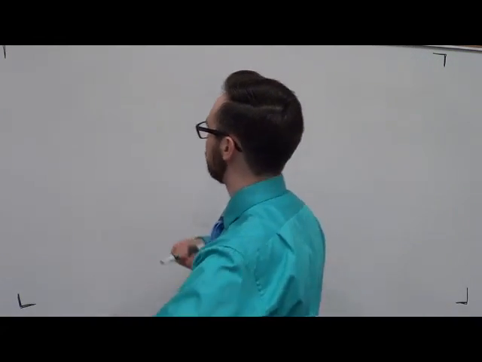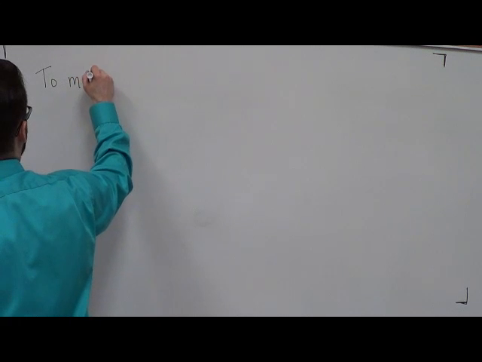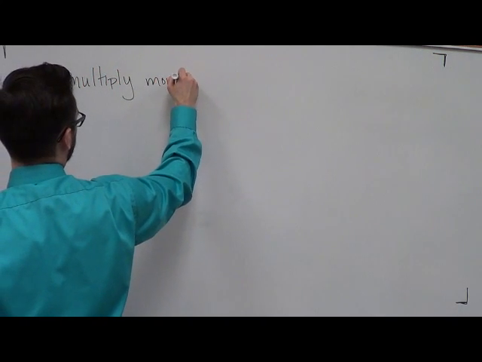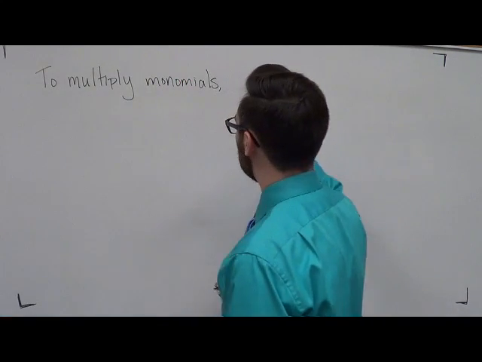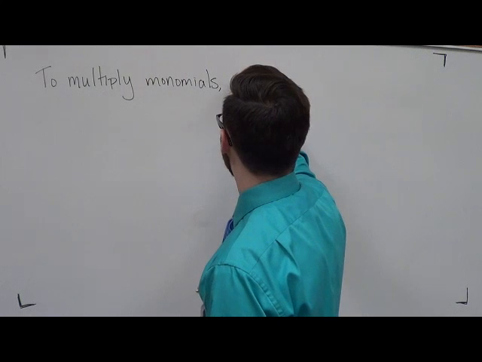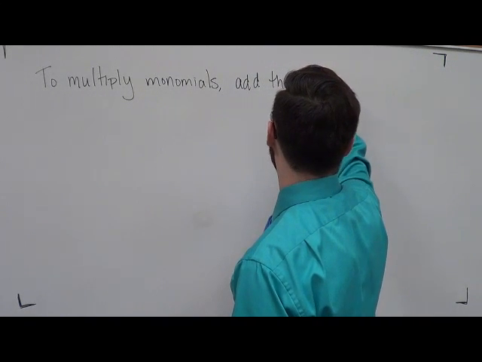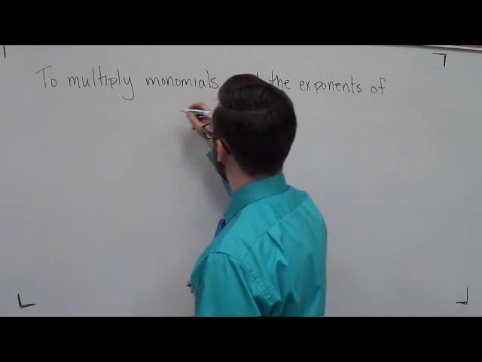To multiply and divide monomials, we simply, to multiply monomials, add the exponents of like bases.